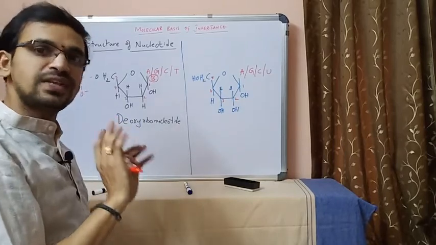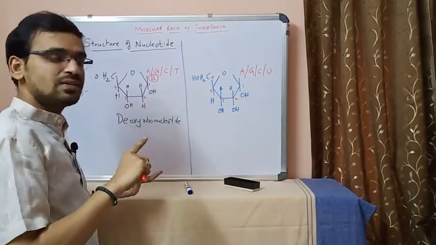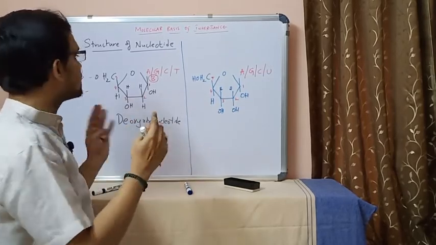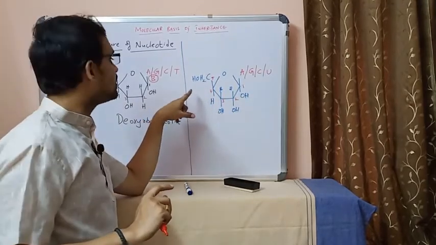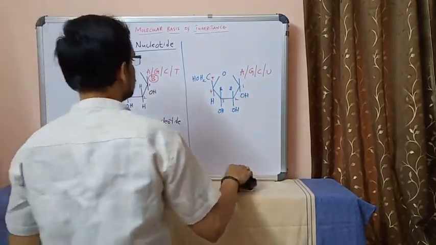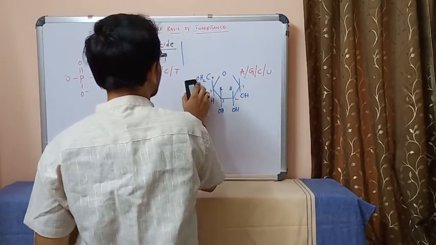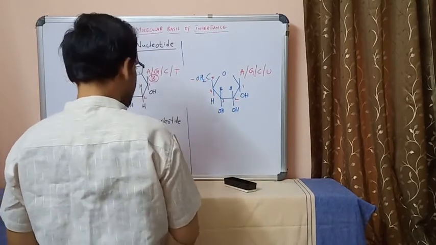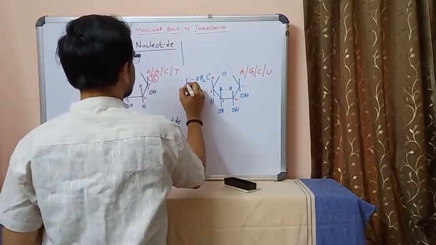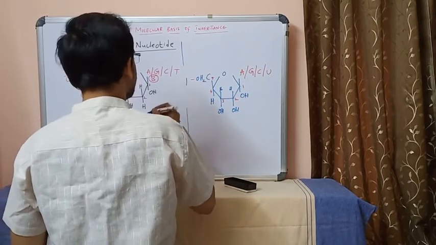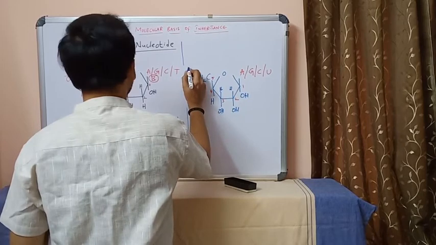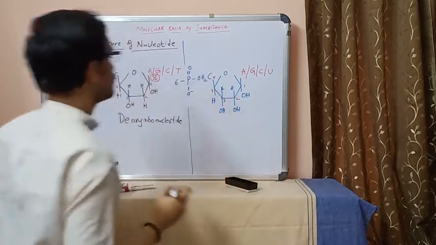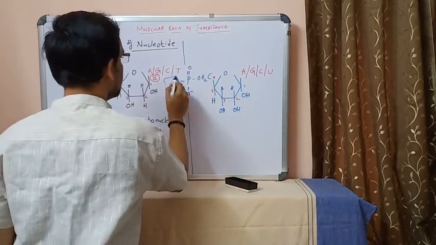Now sugar and base is a nucleoside. So what is a nucleotide? Sugar, base, phosphate. All three can be collectively called a nucleotide. Phosphate should be present at the fifth position. So here the H of OH is replaced by phosphate, P double bond O. So this is the phosphate.